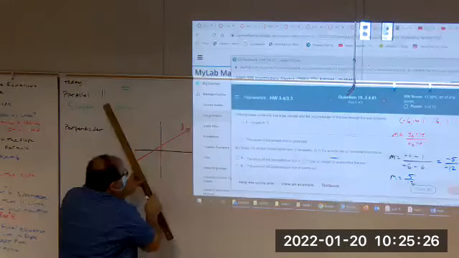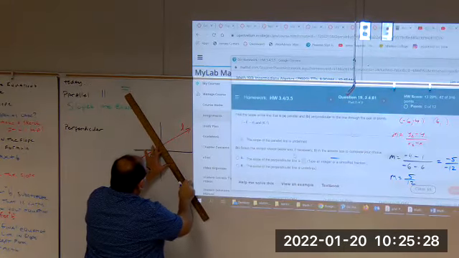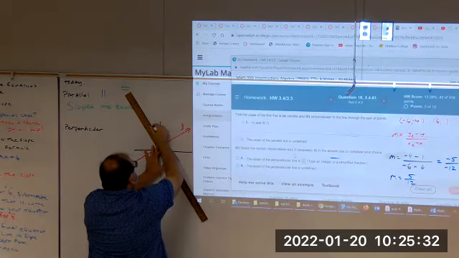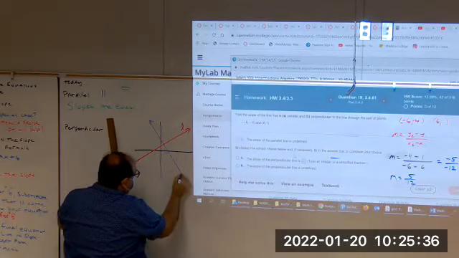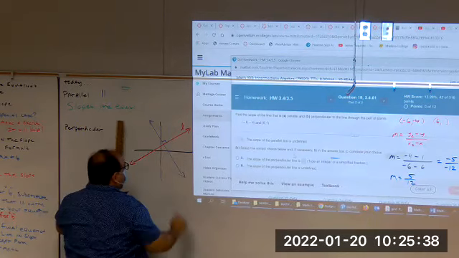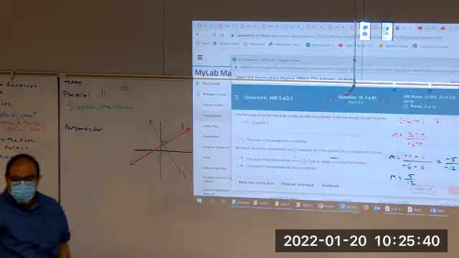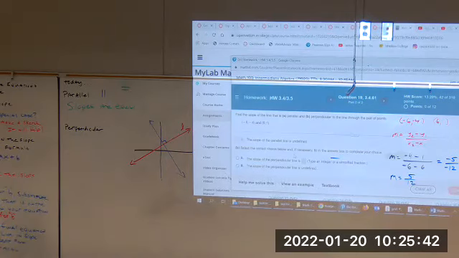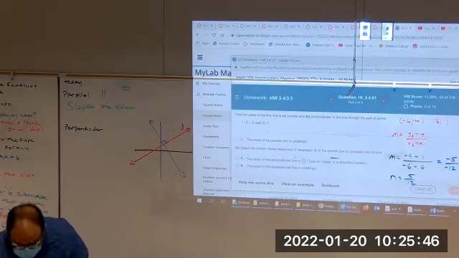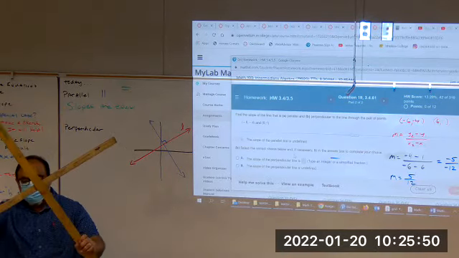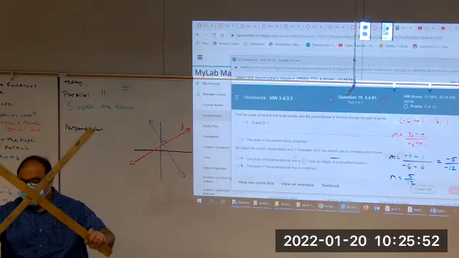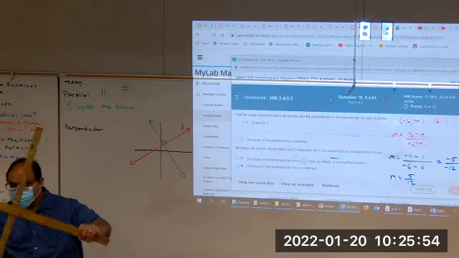So my perpendicular has to make a right angle with L, like that. So you can have not just horizontal, vertical, but any kind of orientation of their slopes. As long as they make a right angle, they can be at any rotation.